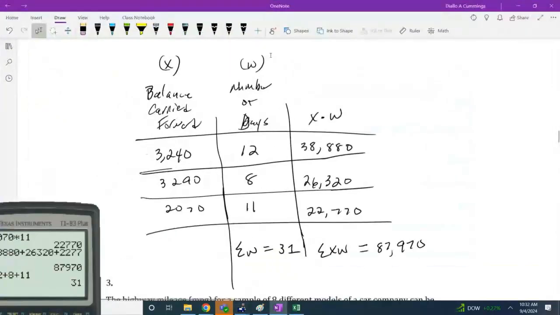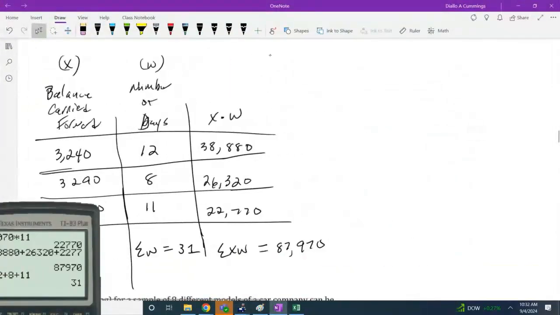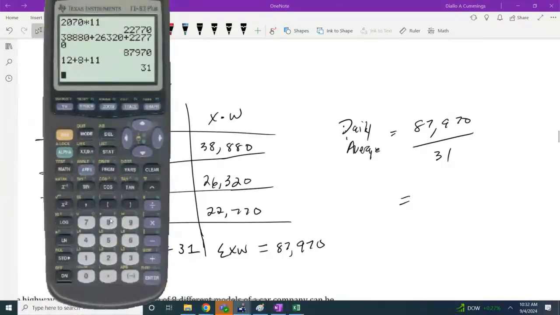Now in order to find the daily average, that's equal to $87,970 divided by 31.